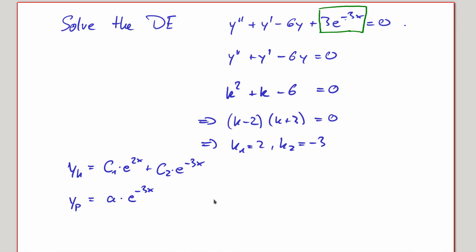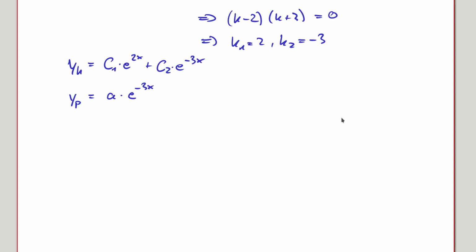It must be minus 3 because it's minus 3 over there. Now this is the standard approach to find one particular solution. Then we have to calculate the first derivative, which is minus 3a e to the power of minus 3x, and the second derivative, y double prime, is 9 times a times e to the power of minus 3x.